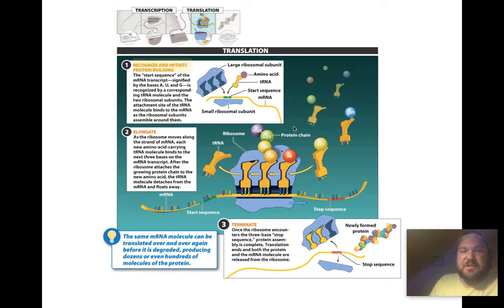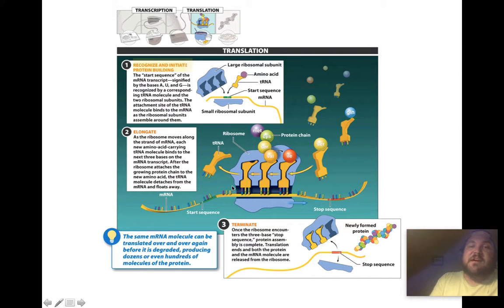So translation only really has 3 steps. And again, this is a much more complicated process than we're making it out to be, but I just want you to know the basics of this. The 3 steps are recognition and initiation, elongation, and termination. Let's start with recognition and initiation. Recognition starts with a start codon, that AUG.